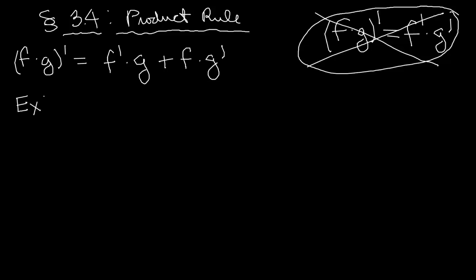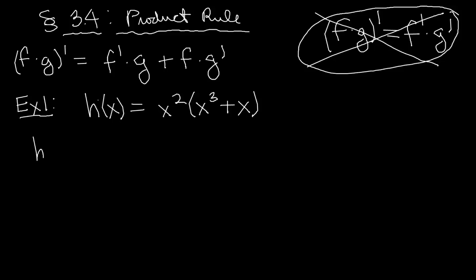Really easy one. Let's start out with polynomials and power functions. So let's say that f of x, actually let's give it a different name. Let's say h of x is equal to x squared times x cubed plus x. Alright?